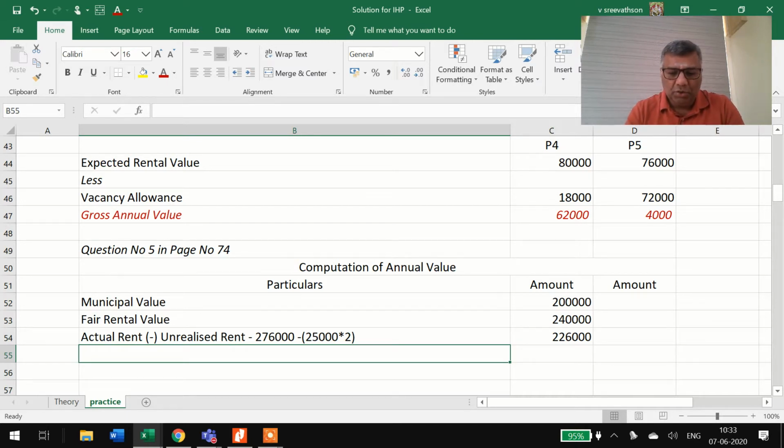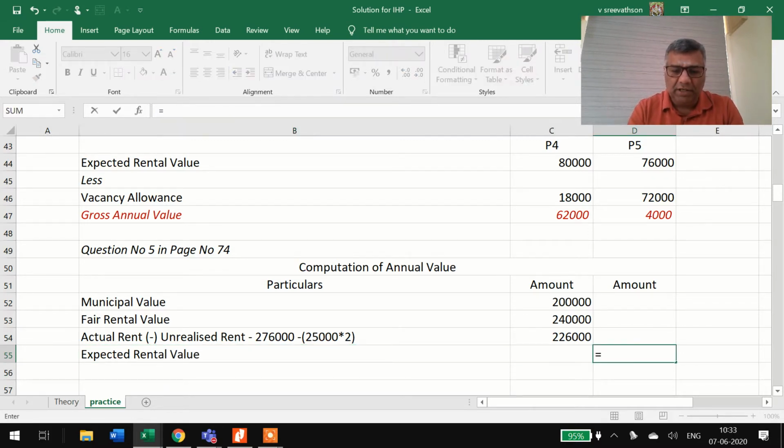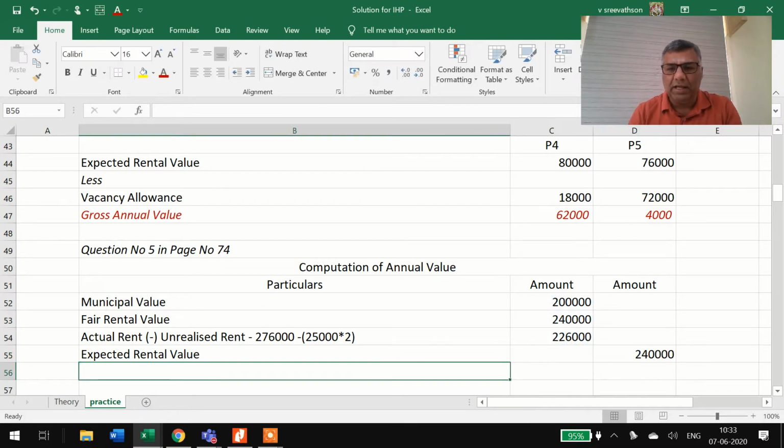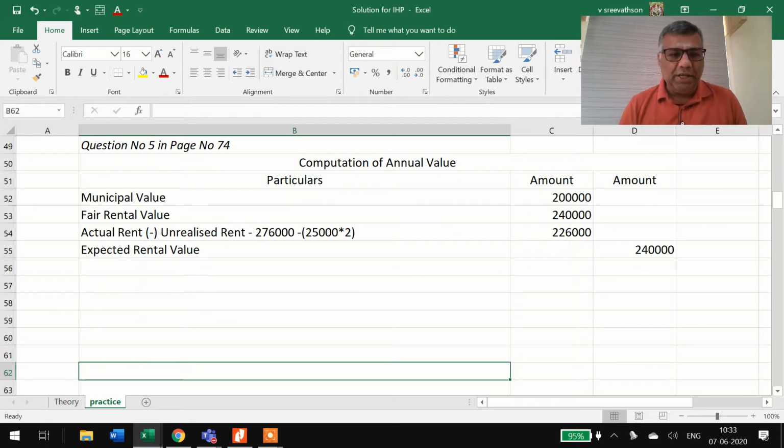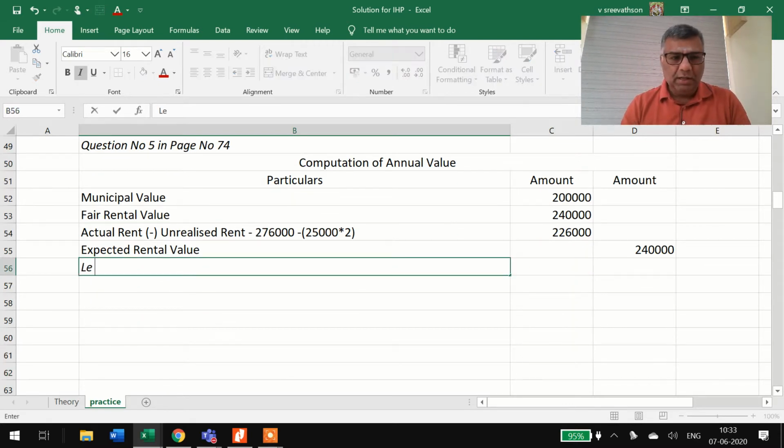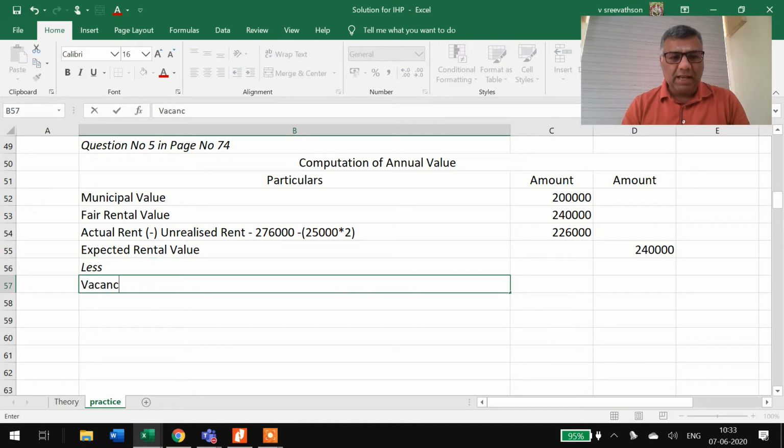Okay, so expected rental value will be whichever is higher. Because standard rent is not there, it becomes all the more simple. Expected rental value is 2,40,000, less vacancy allowance; in this question nothing is there.